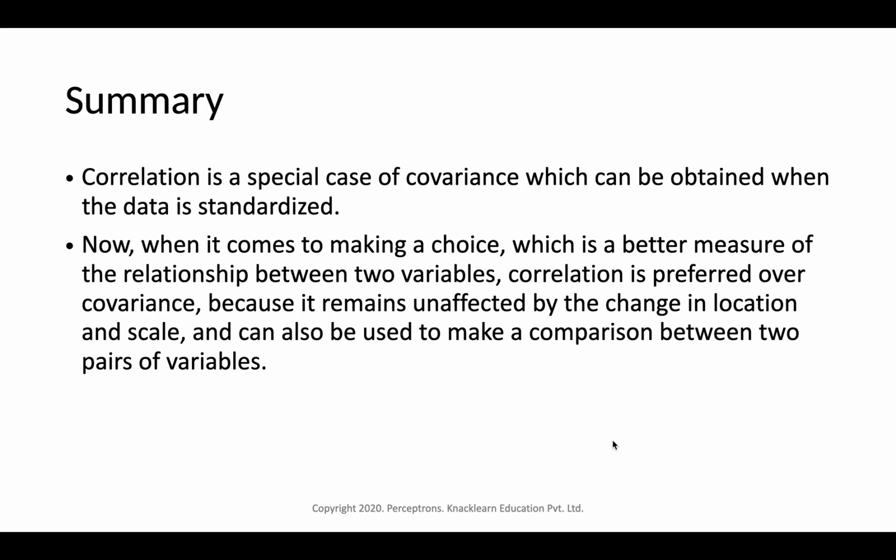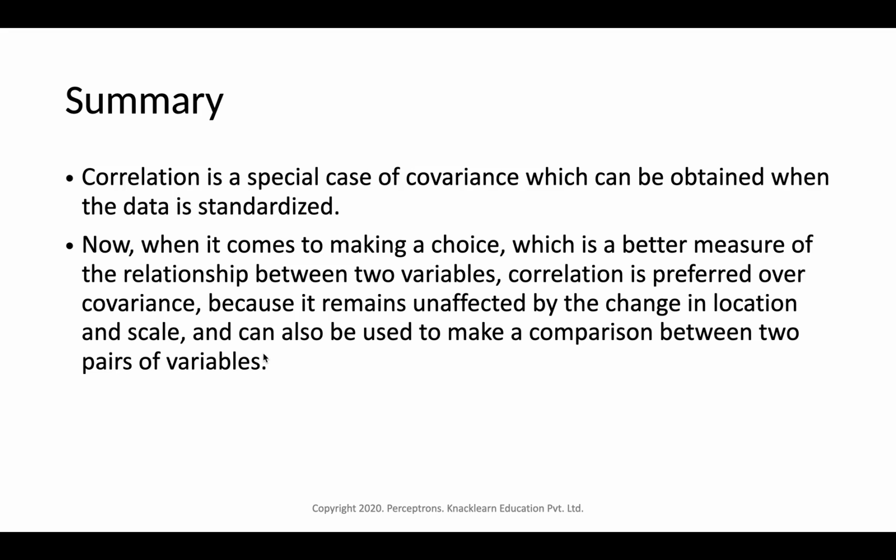It is a unitless measure, and we can easily compare how strongly two variables are related. Is it like 90% or 80%? So we can find out the degree of association within correlation. When we divide the data by standard deviation, we are standardizing the data. So it's a special case of covariance where we obtain the relationship by standardizing.